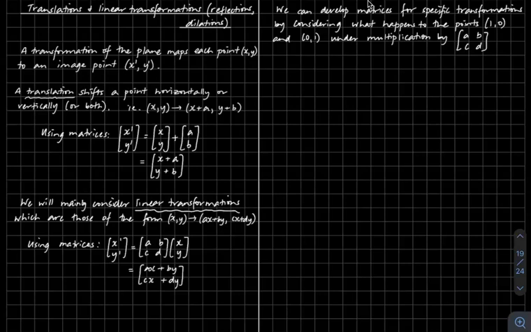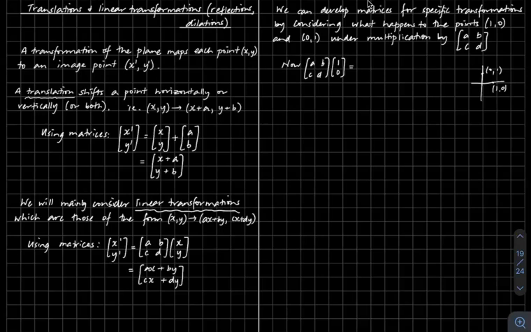Now, think about the points 1, 0, and 0, 1. If we're relating them to vectors, they're kind of the unit vectors, aren't they? Or on our axes, if we're thinking about the Cartesian plane, we've got the points 1, 0 there, 0, 1 here. So they're unit vectors in each of those directions. And we want to think, what happens when we multiply those coordinates by this matrix A, B, C, D? So if I take A, B, C, D and multiply it by this matrix here, which represents the coordinates 1, 0, then what do I get?